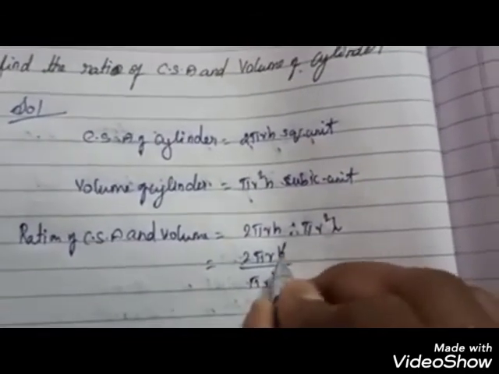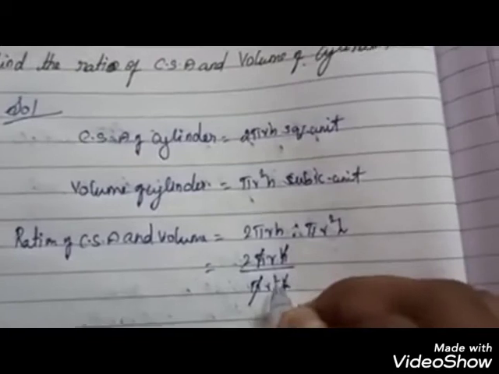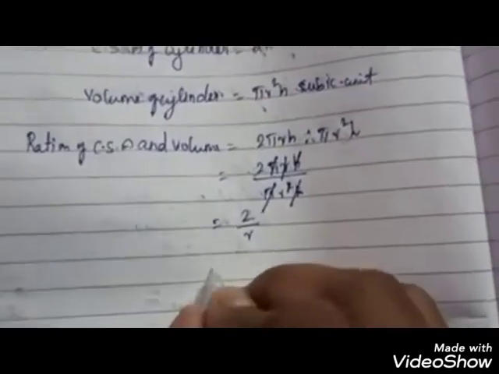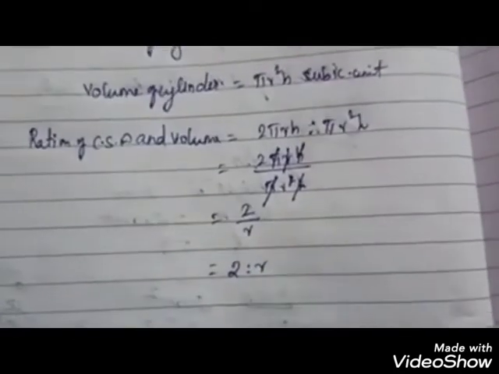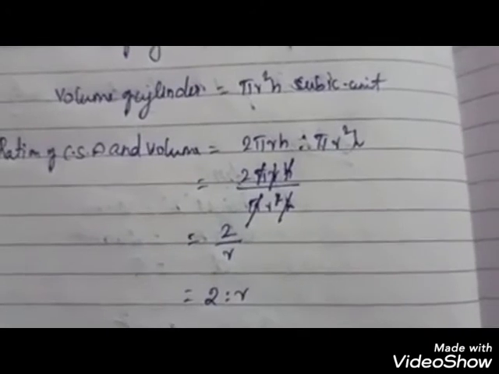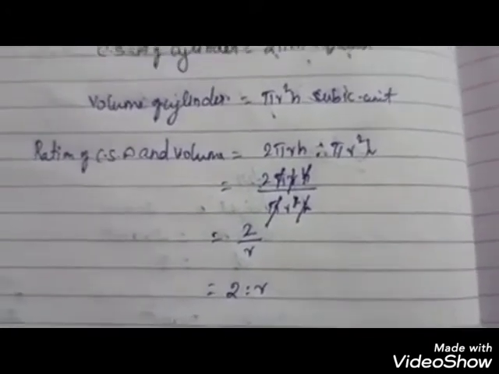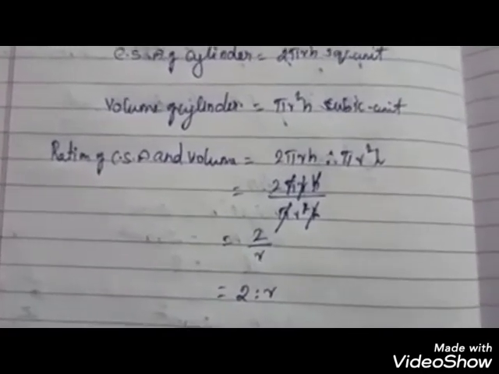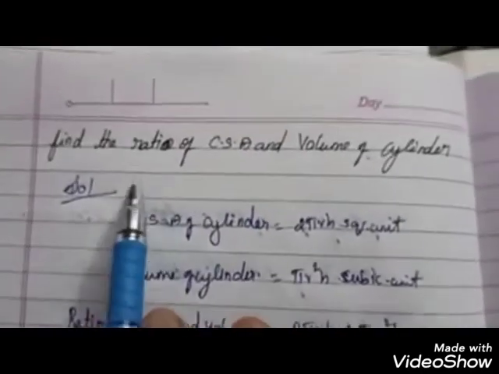Here h, pi and one r cancel. So what is remaining? It should be 2 by r. So what is the ratio? It is 2 is to r. 2 is to r, with the radius. Okay, this is one of the models. So it can go with the cube or cuboid or cone, whatever it is.